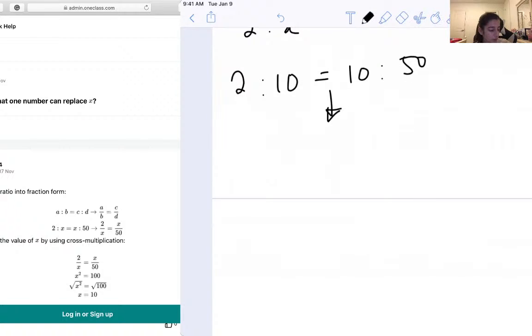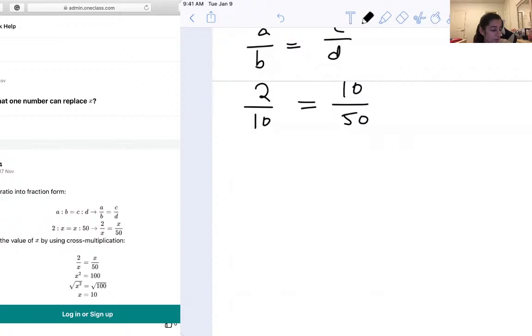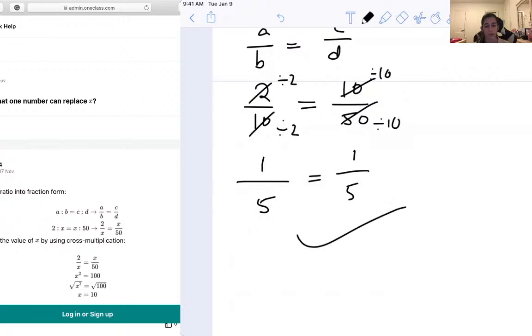So 2 over 10 is the same as 10 over 50. Once we simplify this, we can divide this by 2 and this by 2, and we get 1 over 5, and we can divide this by 10 and this by 10, and we're left with 1 over 5. So we know that that's correct.